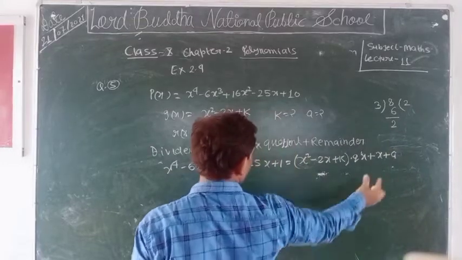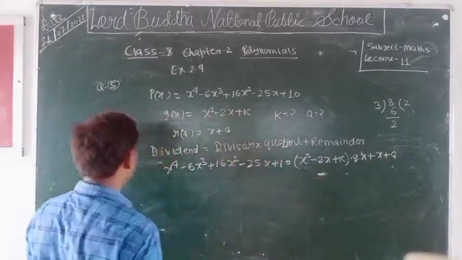Now we subtract the remainder from the given polynomial.